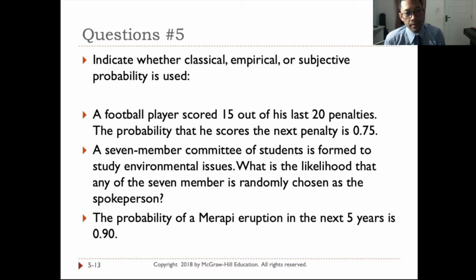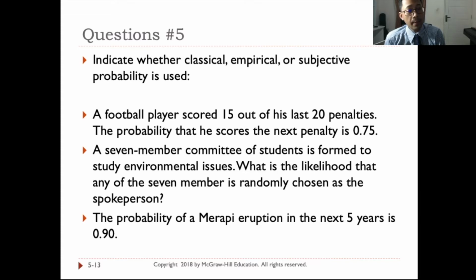A 7-member committee of students is formed to study environmental issues. What is the likelihood that any of the 7 members is randomly chosen as the spokesperson? Well, in this case, it's going to be classical, because there are equally likely outcomes of a particular member chosen as the spokesperson. And the last one, the probability of Marapi eruption in the next 5 years is 0.90.